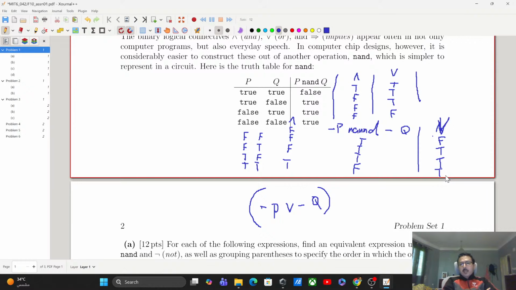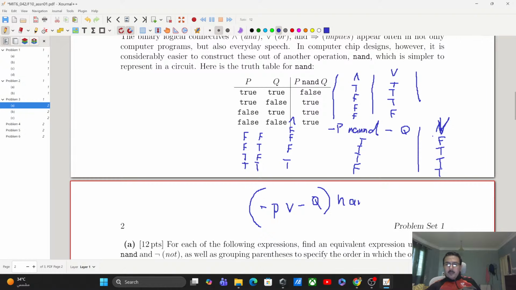So yeah, it's right there in front of you. True, true is false. So it's going to and false, false is true. So it's going to be and, P and Q. So this, which is if true, true, true, it's going to be if and if is true. Here you go.